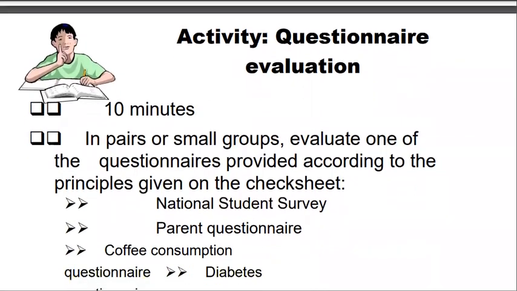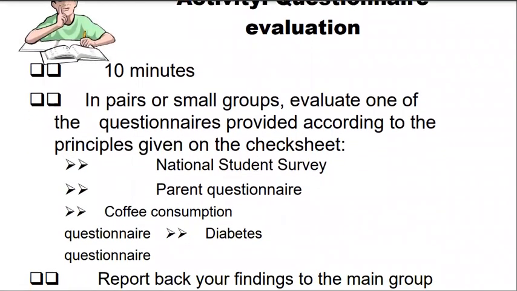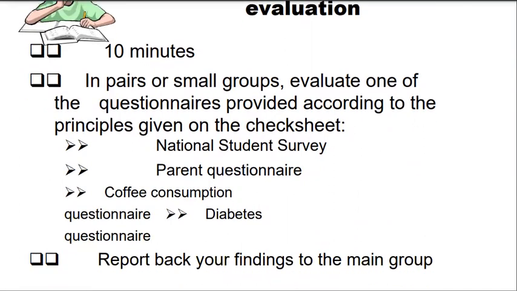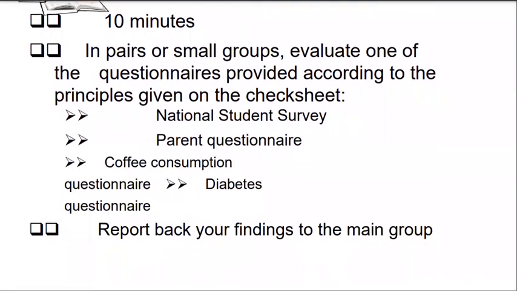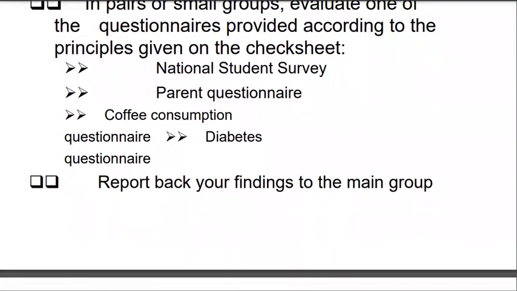Questionnaire evaluation. So in pairs or in small groups, or individually if you're watching this video from home or from work, you can evaluate one of the questionnaires provided according to the principles given on the checklist: national student survey, parents questionnaire, coffee consumption, diabetes questionnaire.